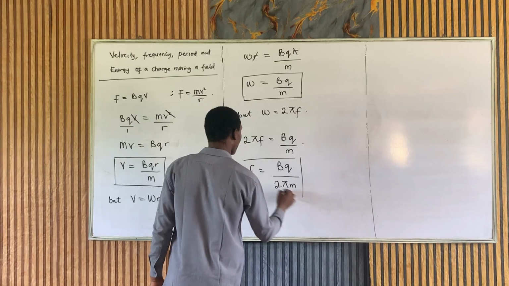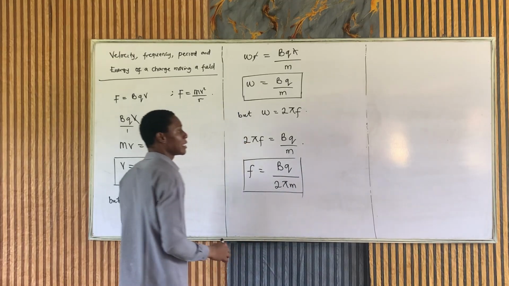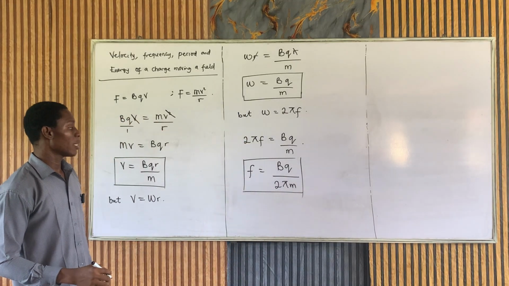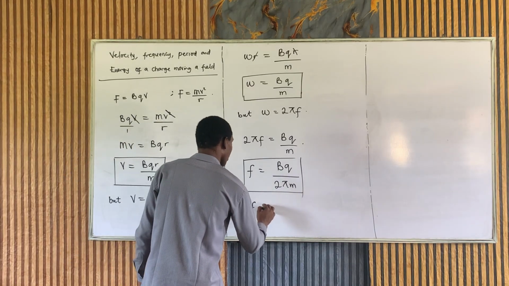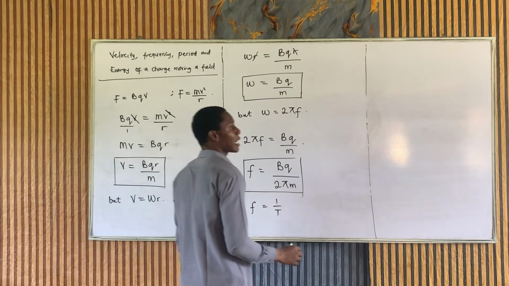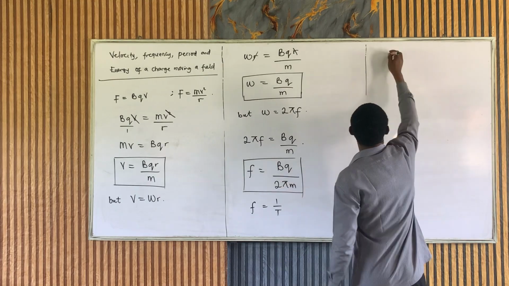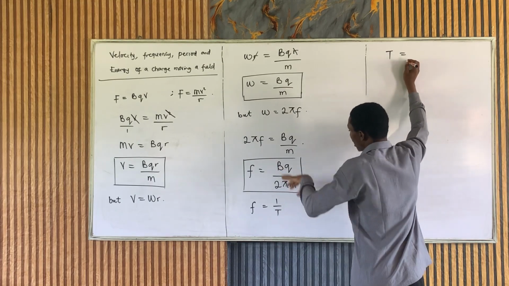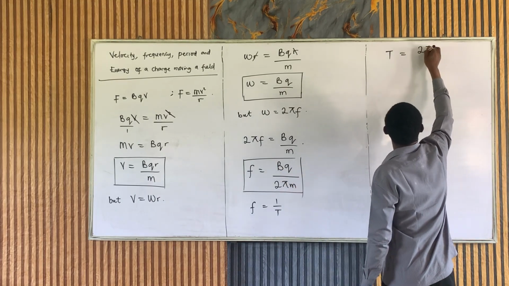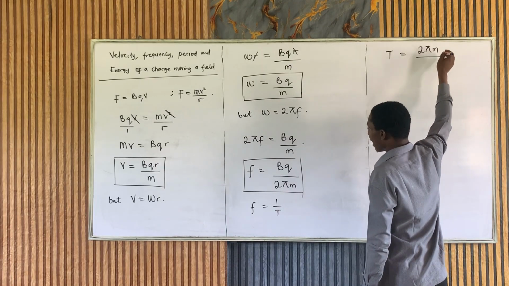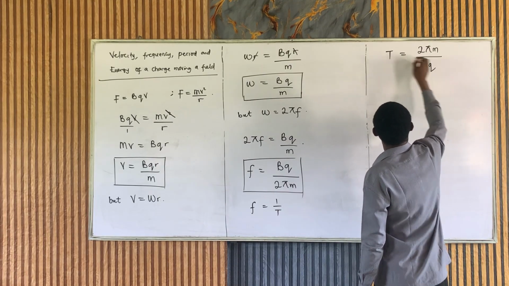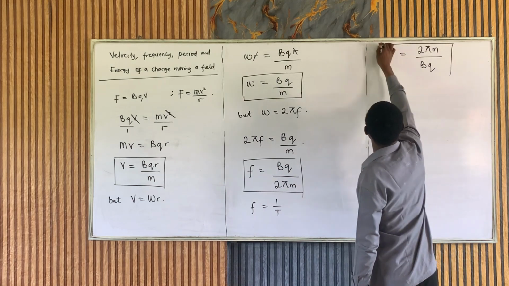This is the equation for frequency for the charge moving in a magnetic field. Again, if you want to get period, we know that frequency is 1 over period. So we just turn everything upside down, and the period is equal to 2 pi m over BQ. That's the equation for period.